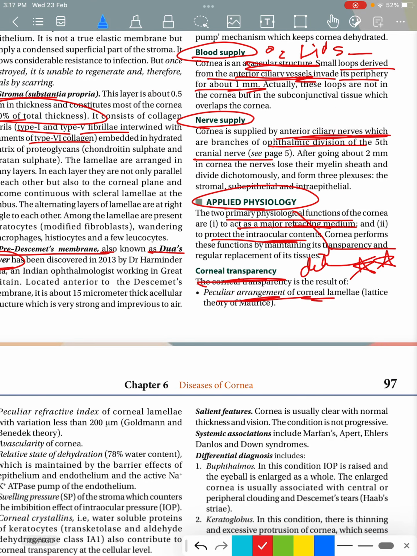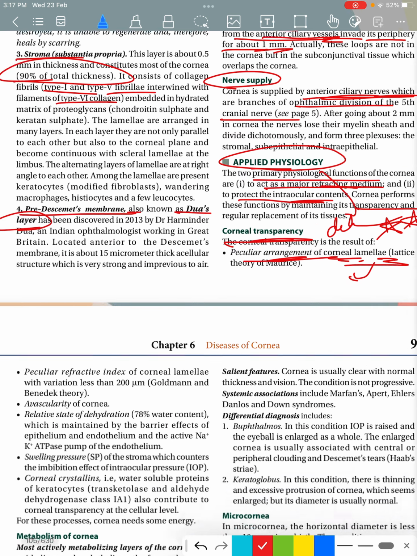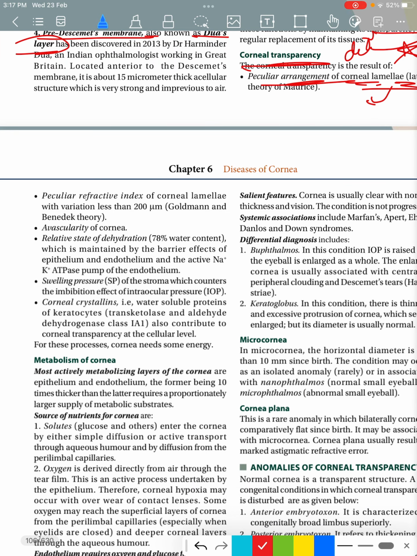The arrangement of the corneal lamellae is a major factor for transparency. Then peculiar refractive index, avascularity, and dehydration. As I said, a very very important part. This dehydration is maintained by two mechanisms, the pump mechanism and another mechanism. Then it maintains intraocular pressure.